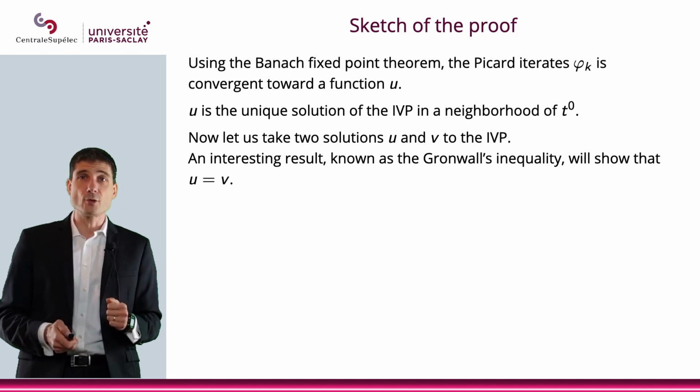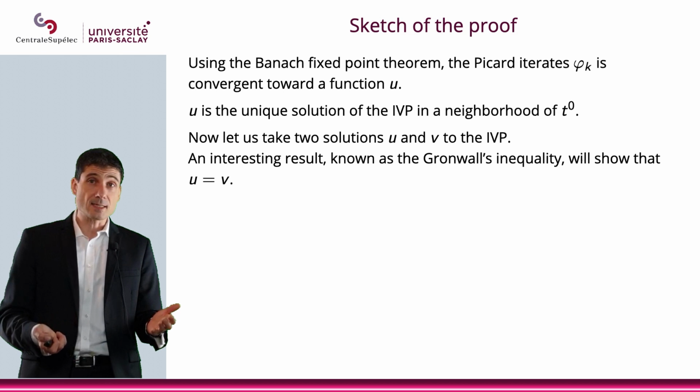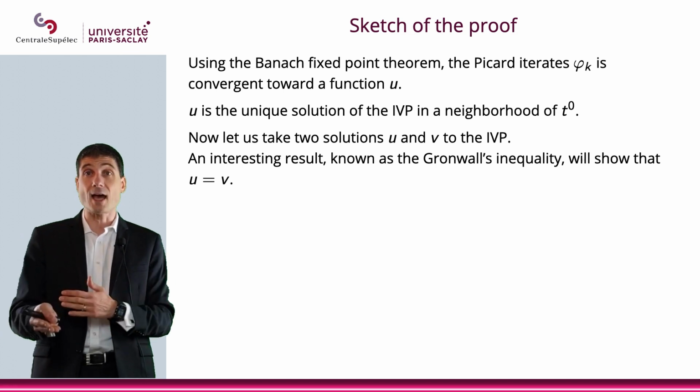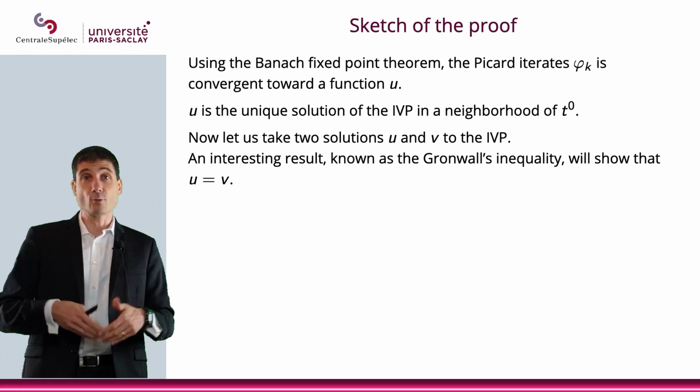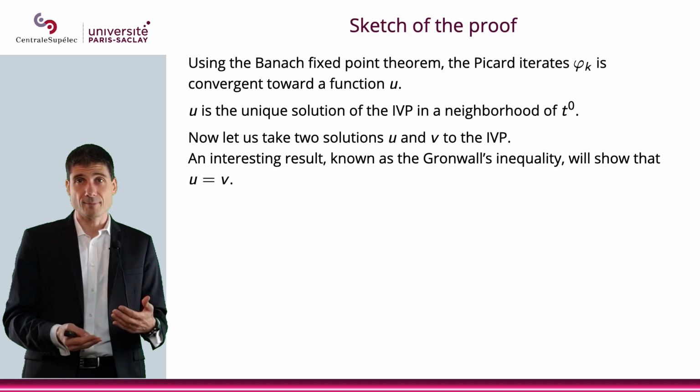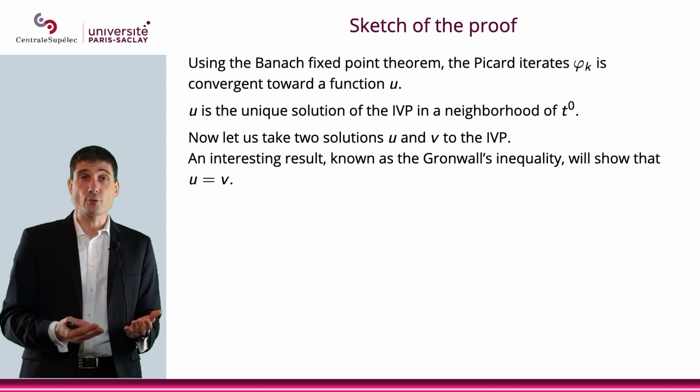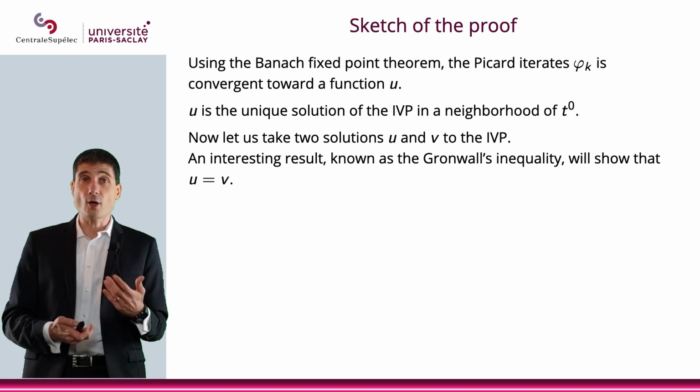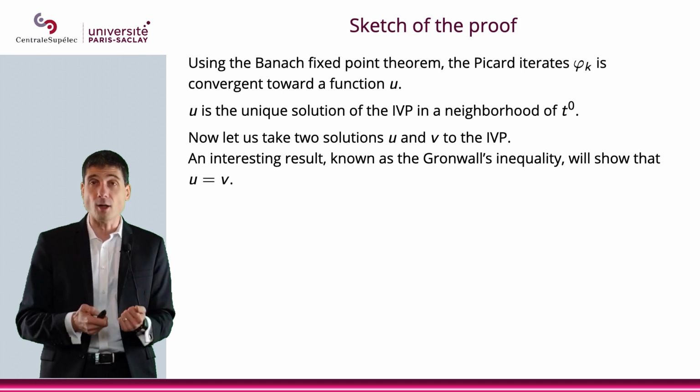Now let us prove uniqueness. To prove uniqueness, we will take two solutions to the IVP, u and v, and we will prove that u is equal to v. And actually, it's easy to prove once we have what we call Gronwall's inequality.